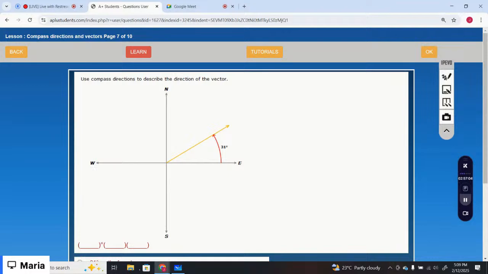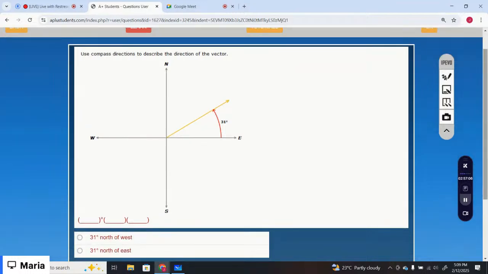Use the compass direction to describe the direction of the vector. That is 31 degrees north of east. Option number 2 is the correct option.